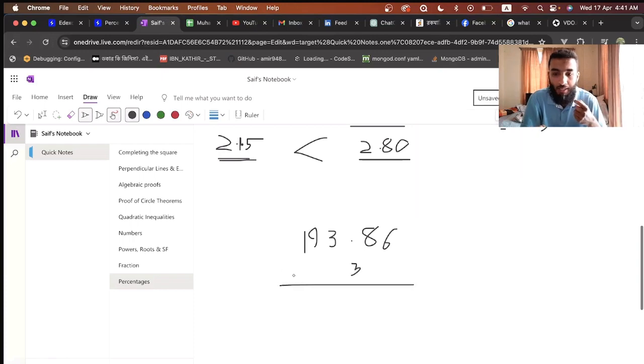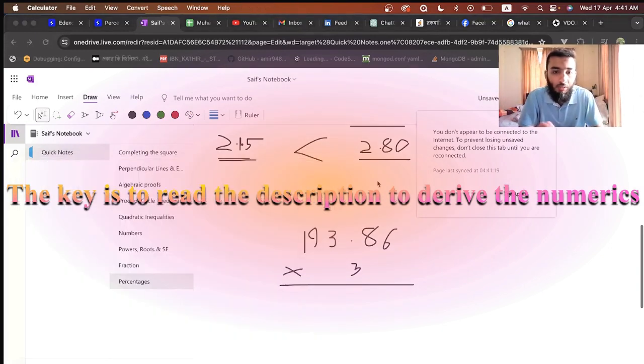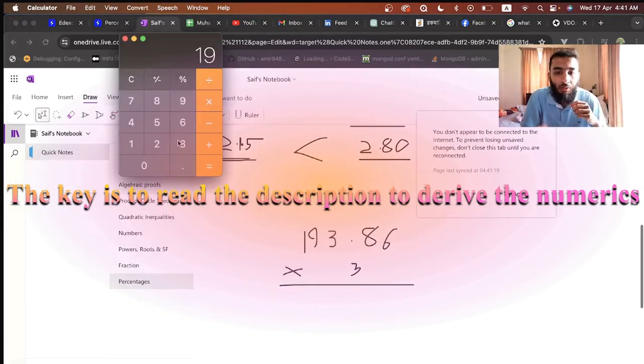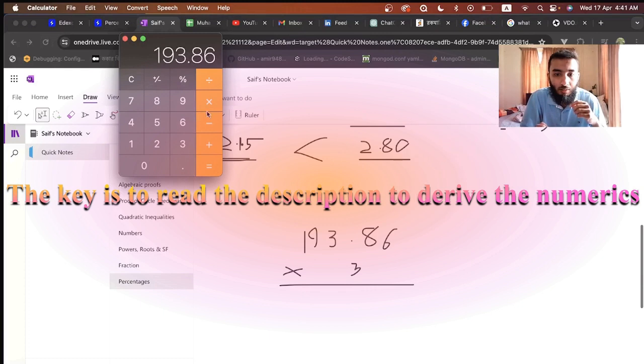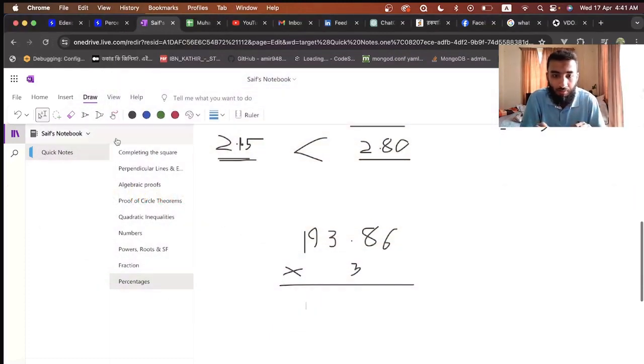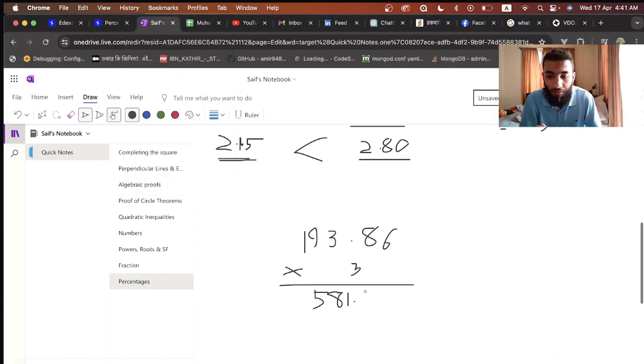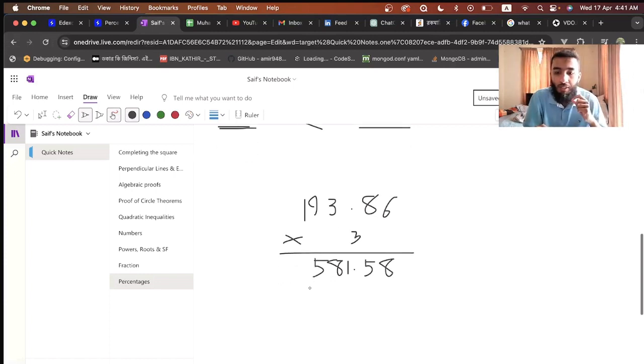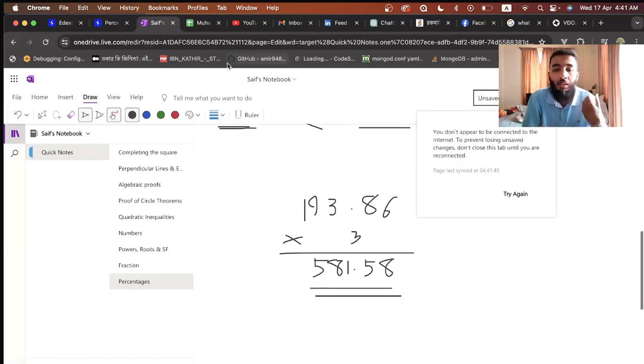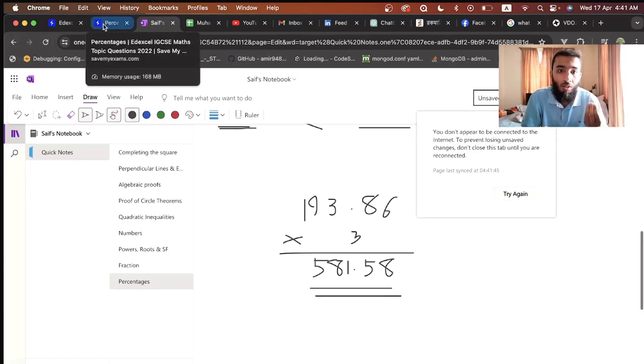So if I multiply 193.86 by 3 with the calculator, we get 581.58. So 581.58 is the cost without discount.